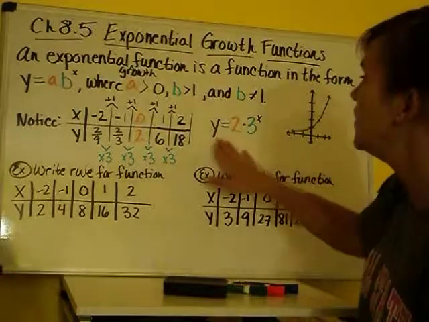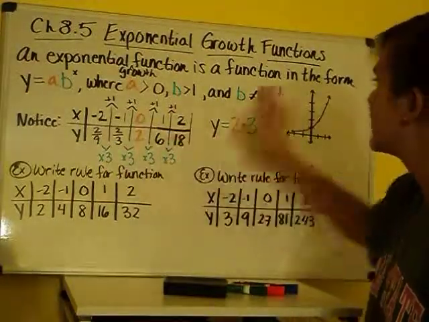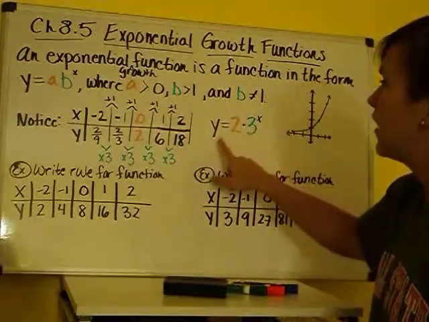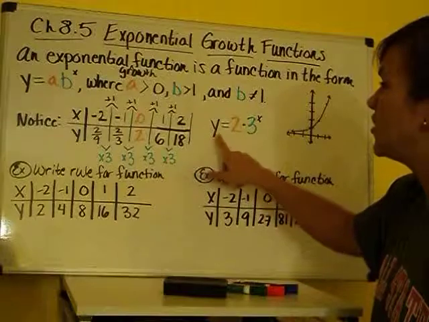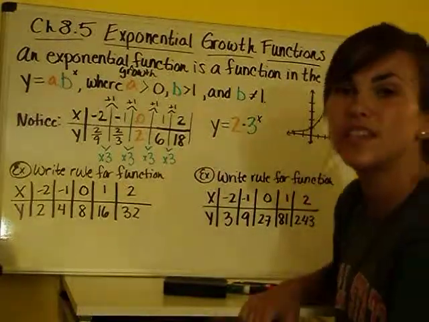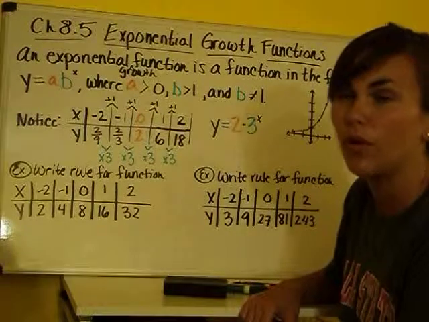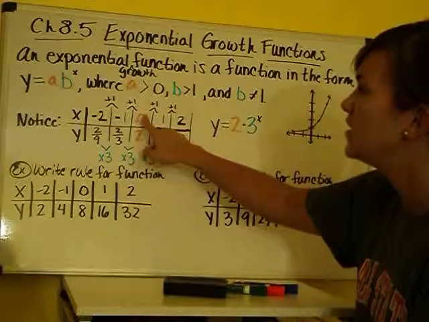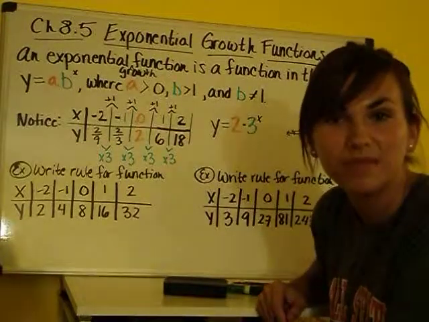Looking at this graph, we are looking at the equation y equals 2 times 3 to the x. So if you're looking at a table and you're asked to write the rule for it, notice that your a is your y-intercept.